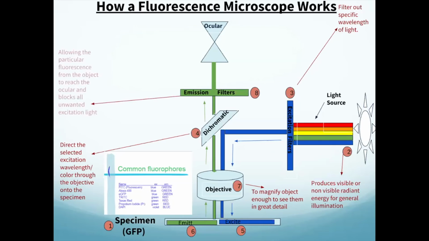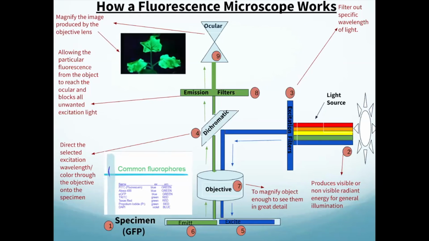The purpose of the emission filter is to allow the particular fluorescence from the objects to reach the ocular and block all unwanted excitation light. So it'll keep on going up to the ocular, and the purpose of the ocular is to magnify the image produced by the objective lens. When that happens, you'll see your image with the GFP, and that's how the microscope works.